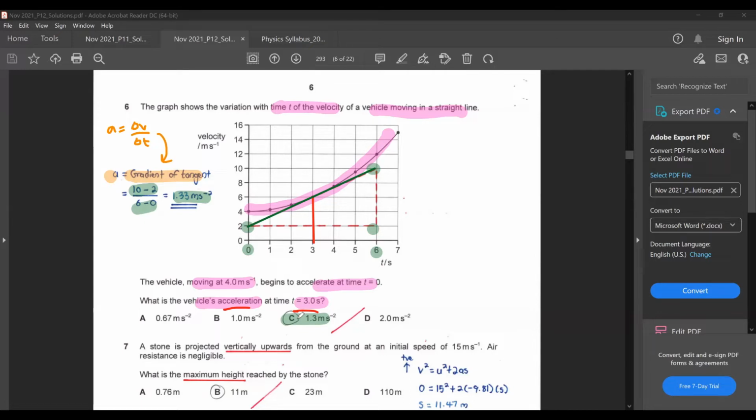No one person will be getting the same tangent as the other person. Your tangents will be slightly different from mine, but the gist is that you should be getting a value close to 1.3. So you may not be getting 1.33 like mine, but you should be getting an answer that's close to 1.3. So answer for this is C.